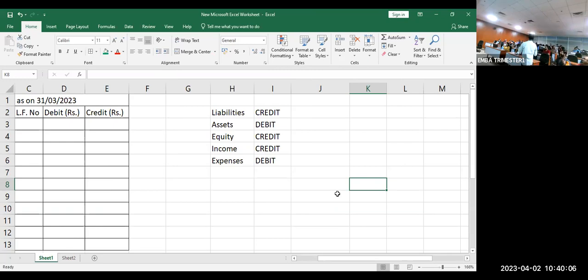Income and asset. Salary is an income for you. Cash is an asset for you. I'm talking about an individual. For all of us sitting over here, salary is an income.